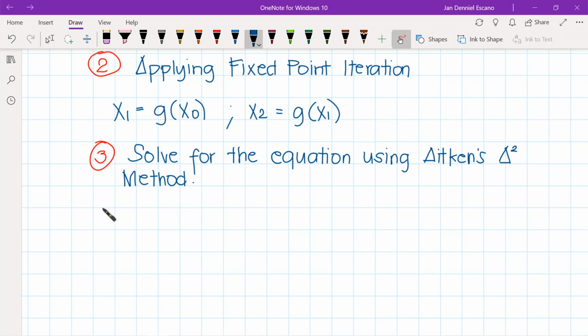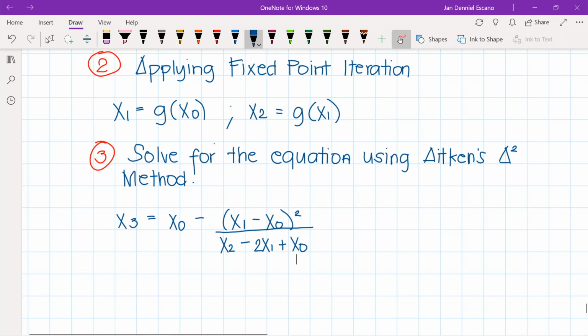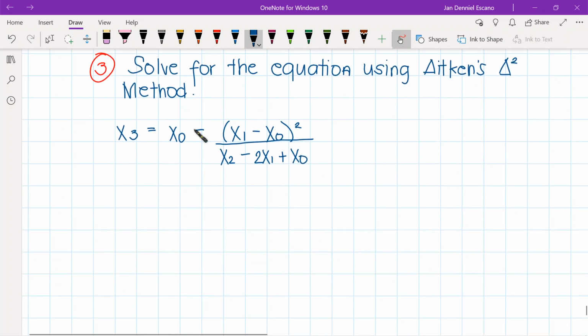And the equation goes like this. x sub 3 is equal to, so this is the formula for Aitken's delta square method, x sub 0 minus the quantity of x sub 1 minus x sub 0 squared all over the value of x sub 2 minus 2 x sub 1 plus x sub 0.